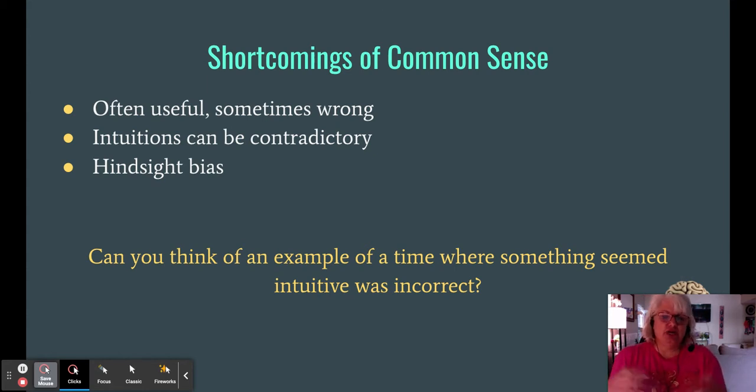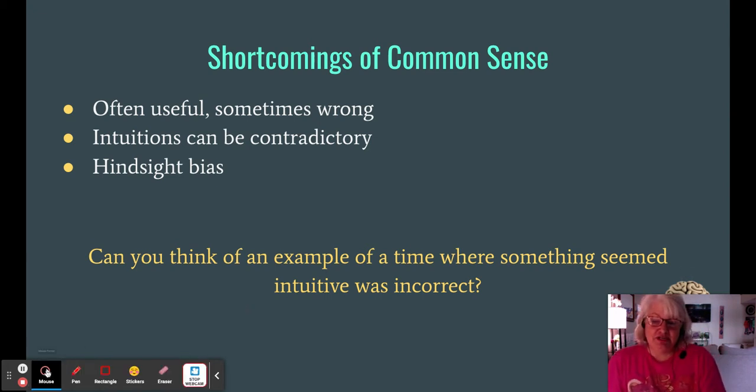How many times have you thought of something that made total sense and you inferred something, and then you found out it was incorrect? We could go back to our learning day when we looked at different ways to study. It seems like reading your notes and highlighting is a really good way to study, but you found that it was actually very ineffectual. So that's an example right there, okay?